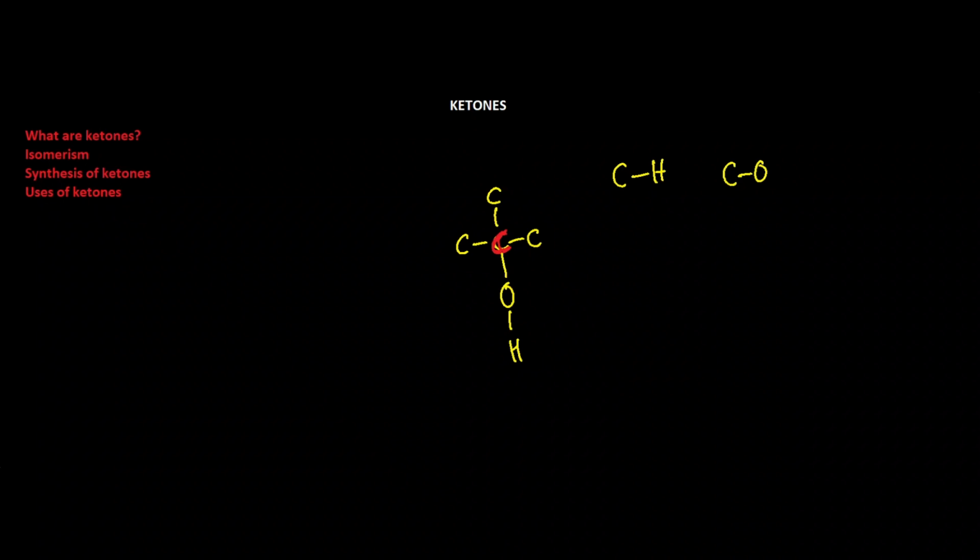Now let's take a look at the uses of ketones. For this video, we'll be considering the use of propanone. Propanone, as we have seen, is formed by the oxidation of 2-propanol.